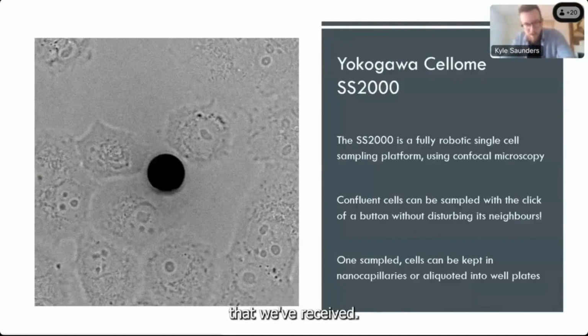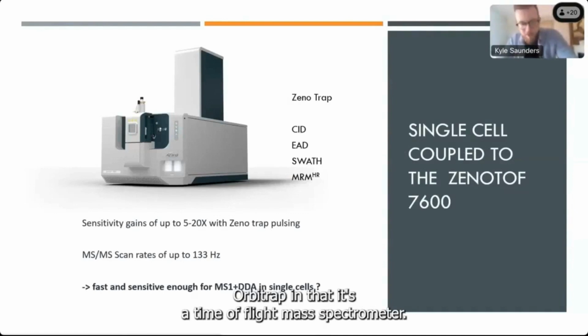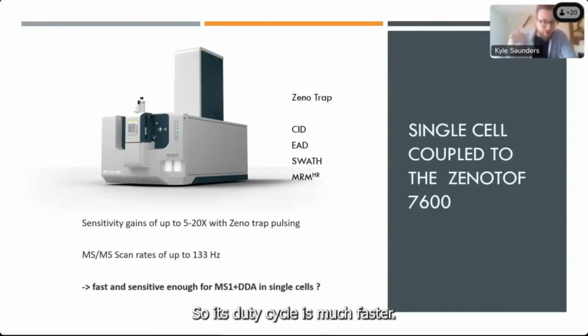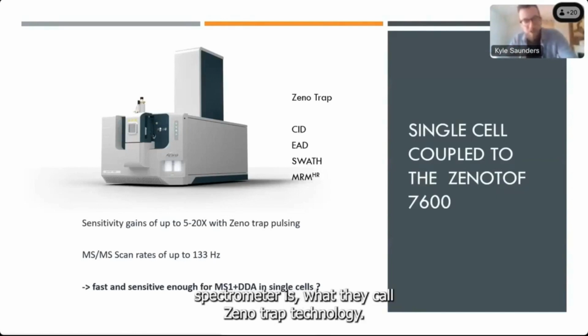But that's not the only boost in our analytical prowess that we've received. We've also gained access to a very powerful mass spectrometer, the Xenotop 7600. So this is a mass spectrometer. It differs to the Orbitrap in that it's a time of flight mass spectrometer. So its duty cycle is much faster. But the difference with this particular mass spectrometer is what they call Xenotrap technology.